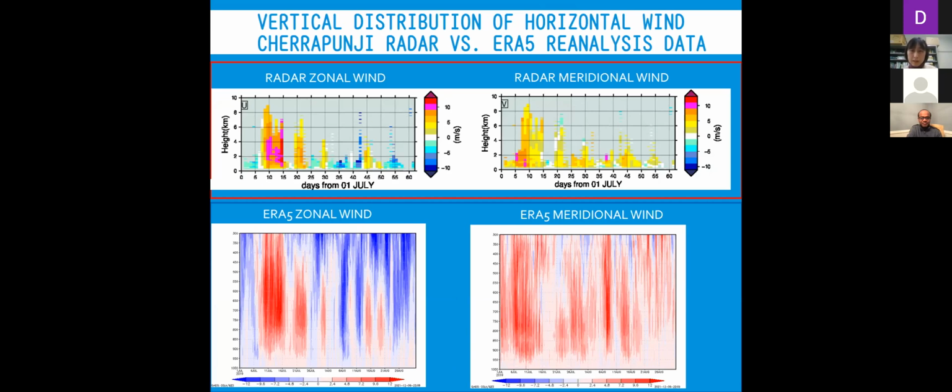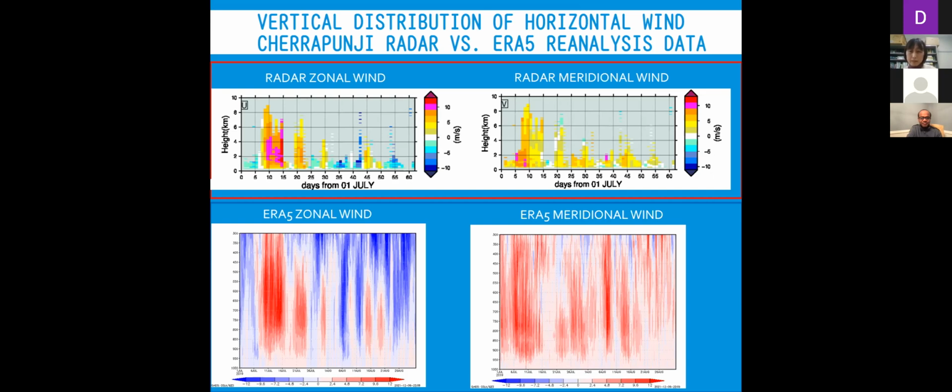So this figure is the vertical distribution of horizontal wind during the analysis period. The left panel is zonal wind, and the right panel is meridional wind.